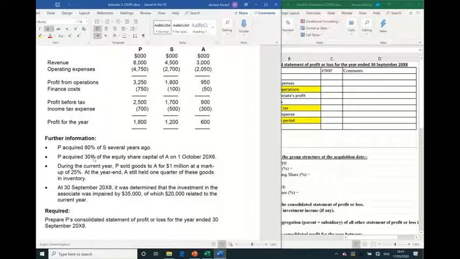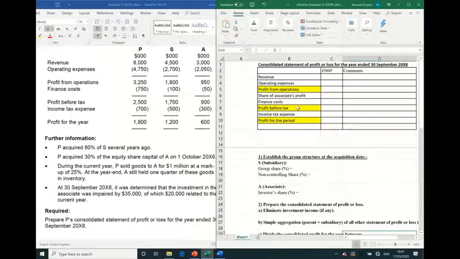So this is mainly all the information that we have, and the main requirement is to prepare the consolidated statement of profit or loss for the year ended 30 September 2008. So we'll use this information here to prepare the consolidated statement of profit or loss.